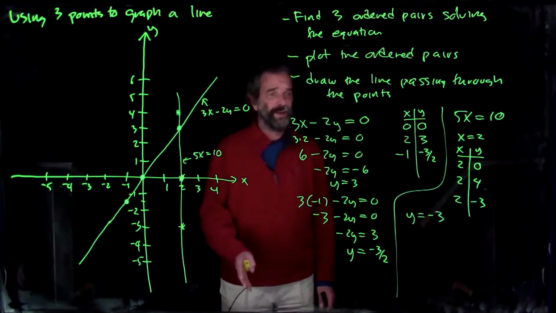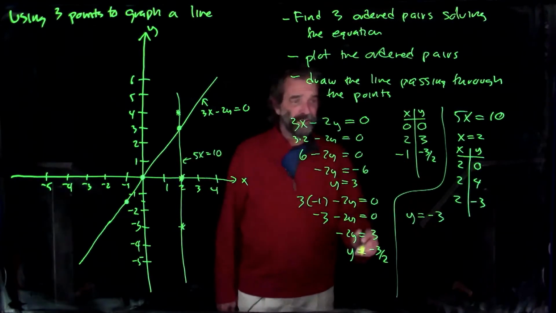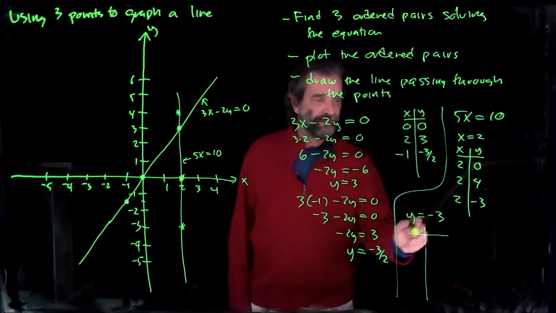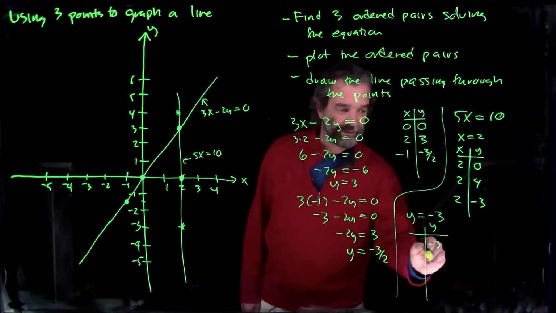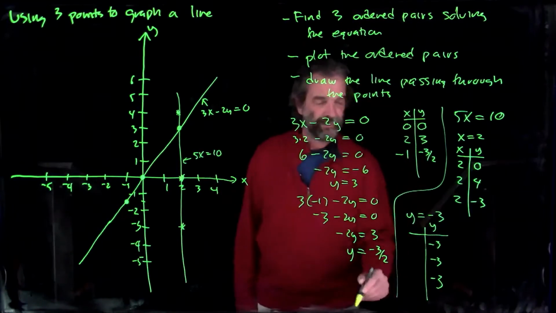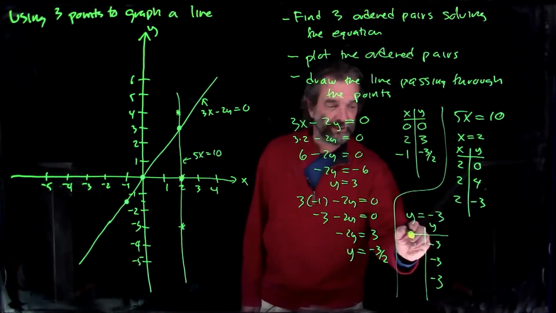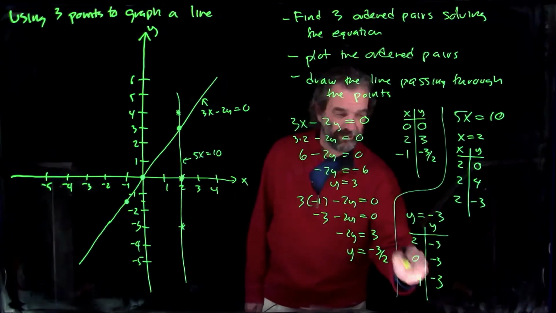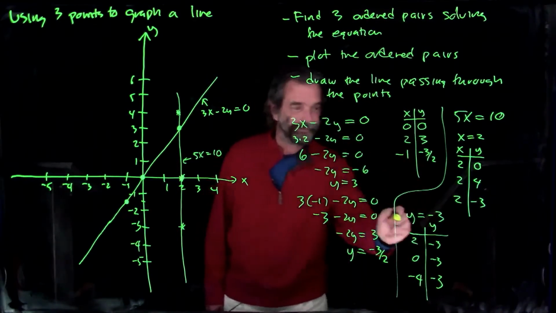And then b equal to 1, so 1 times y. And then c equal minus 3. And following the thinking of the previous example, if I make a table, all the y's are minus 3. Make 3 of them. Pick anything you want for x. 2, 0, minus 4, say, for x.